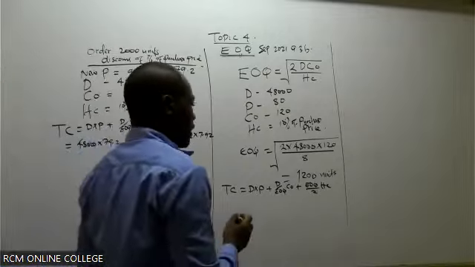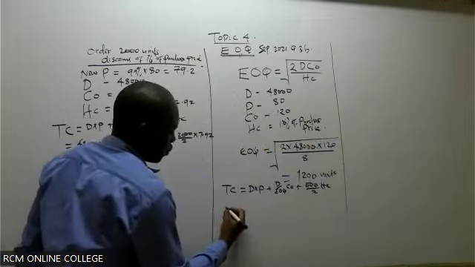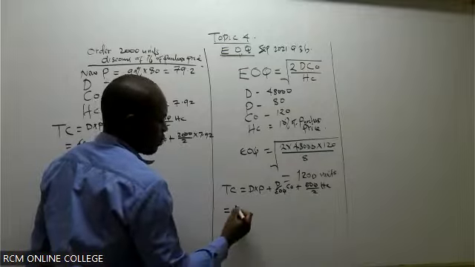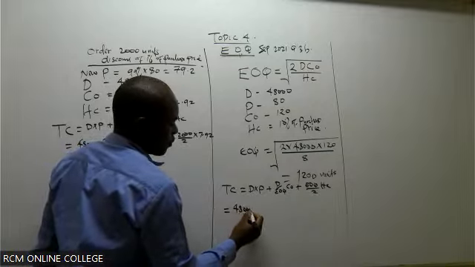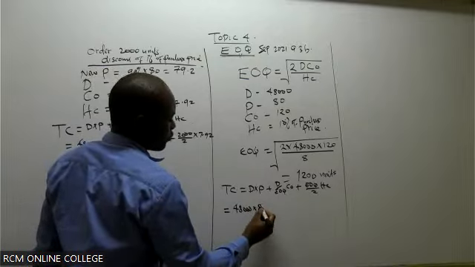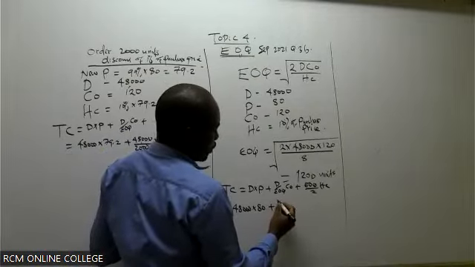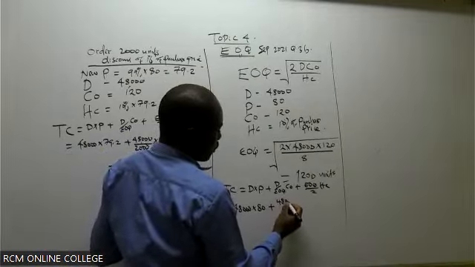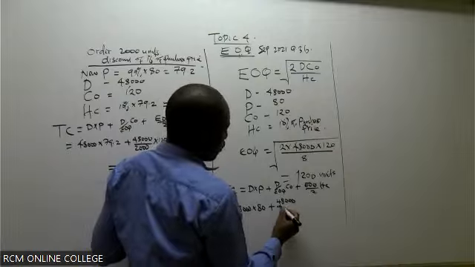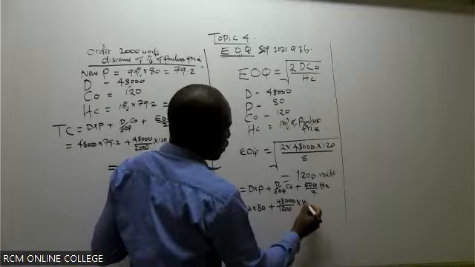I will come and do the same to this one here. So I'll come and say total cost is equal to demand, which is 48,000, multiplied by purchase price, which is 80, plus demand, which is 48,000, divided by economic order quantity, which is 1,200, multiplied by ordering cost, which is 120.